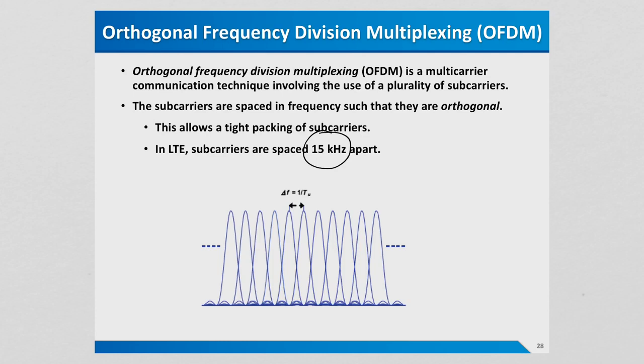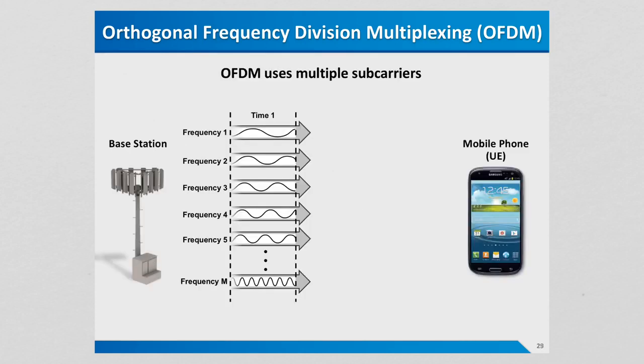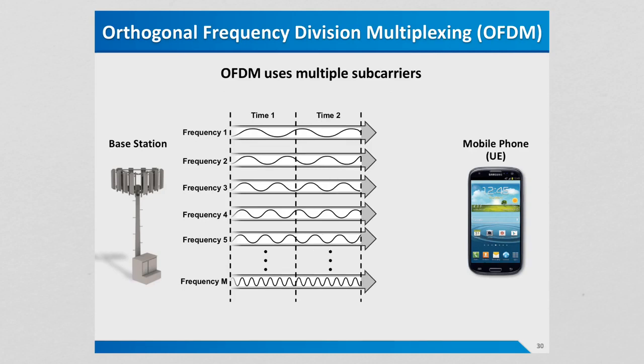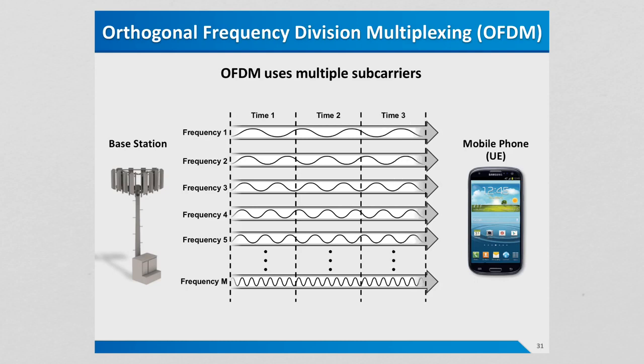But the key benefit comes in terms of scheduling. In this example, our base station is transmitting, let's say, M frequencies over a given time. This one time interval is what's called an OFDM symbol. Then in the next time interval, it'll send another set of M frequencies, and it does this repeatedly.